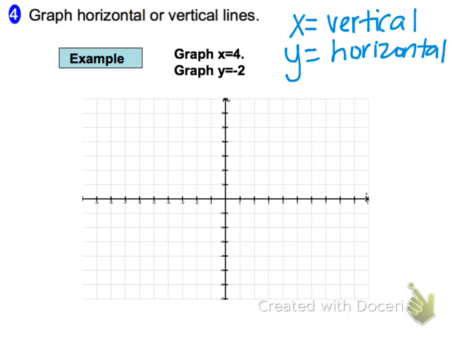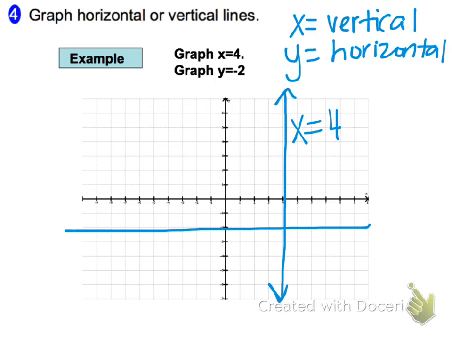So for the first one, if I want to graph x equals 4, I'm just going to go to 4 and draw a vertical line there. Every x value on that line is 4. And y equals negative 2, we'll go to negative 2 and draw a horizontal line. And the same idea. Every y value on there is negative 2.